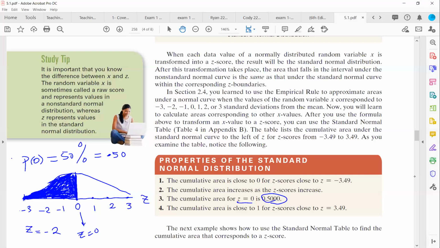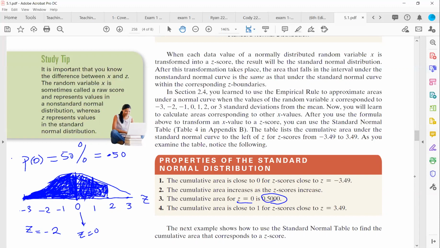As I increase my z value, I increase the probability. Now, if z is equal to 1, the area is more than 50%. If z is equal to 2, the area is more than before.